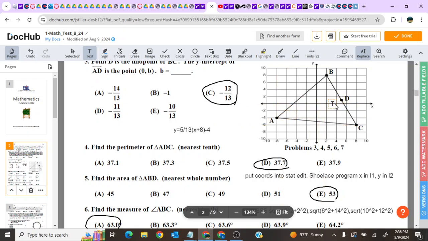So -8, 5, and 8 will go into L1 as those are your x values. Then -4, 1, and -6 will go into L2 because those are your y values. Once you use the shoelace program, you'll get a perimeter of 37.7. You'll also get an area of 53.